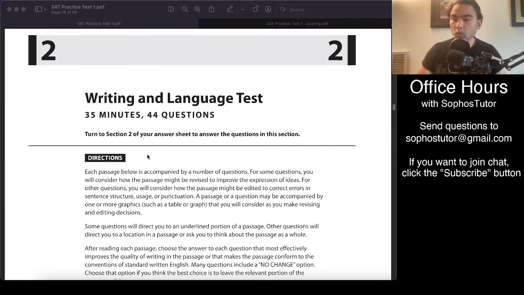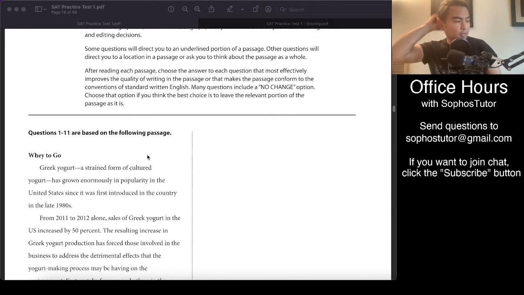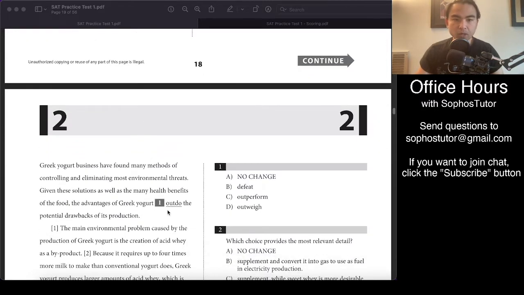So you are going to be reading a passage and judging whether certain underlined portions are correct or whether they need to be replaced with an alternative.